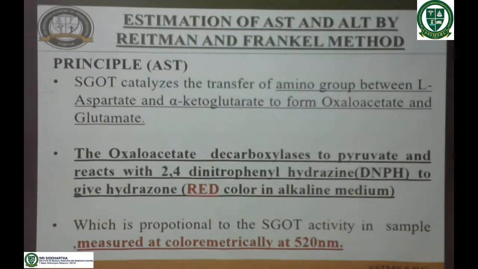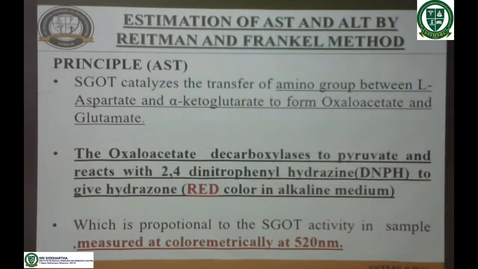The kit method has very high accuracy and precision. Because this is a manual method, the errors will be higher.